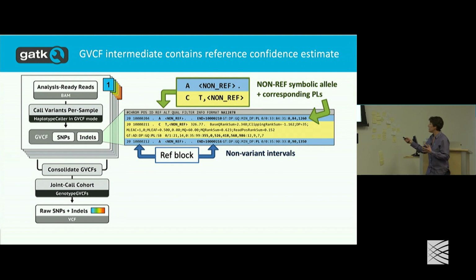So this is really symbolizing the residual chance that this call might actually be a variant. Does that make sense? Okay, so we have a mix of these two types of records. Both types have the non-ref allele. And that's really the easiest way to recognize a GVCF, is that it has those non-ref alleles in it.